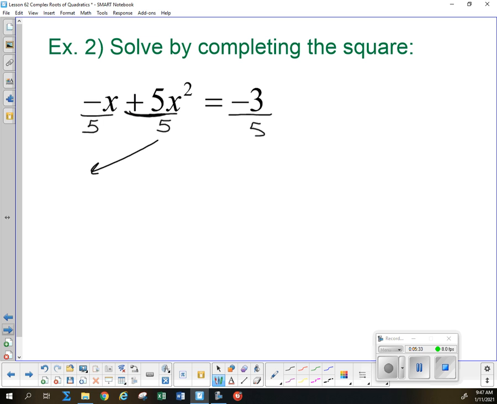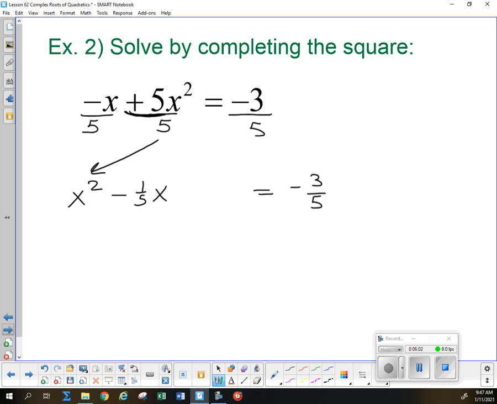And then putting that in the right order, I have a 5x squared divided by 5 is just 1x squared like I want. And then I have minus x over 5, that's minus 1/5 times x. I like to write it with the fraction times the x, makes it a little bit easier for me to see what I'm going to need to take half of in the next step. And then that equals negative 3/5 over here on the right.